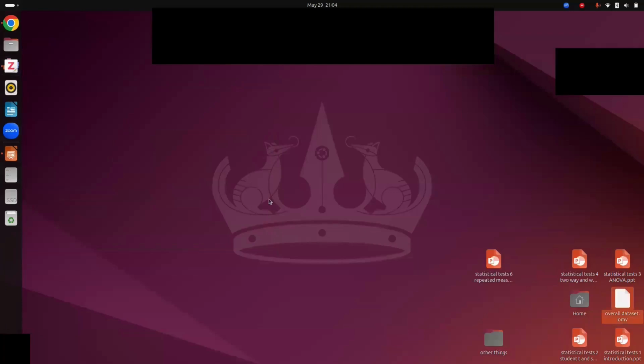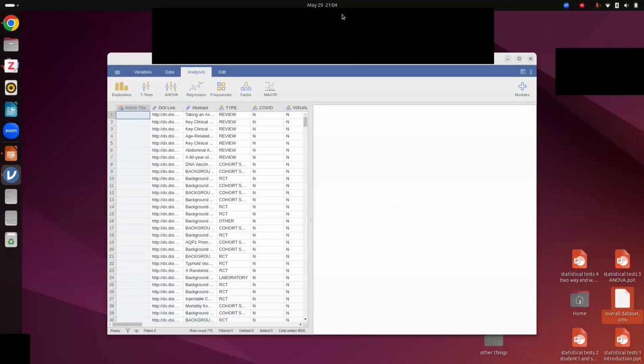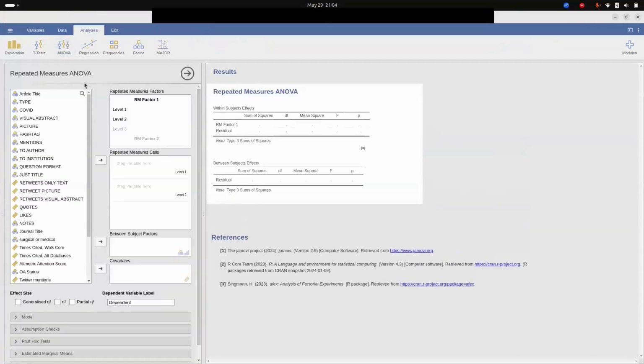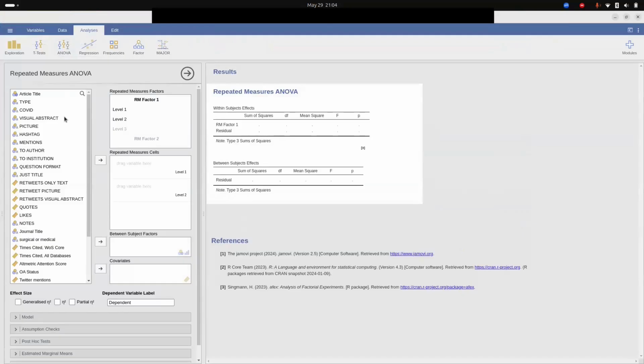Now let's go back to our lovely overall data set. So the repeated measures ANOVA is conveniently found under ANOVA, and it's actually labeled pretty well. Now, slightly more complicated than normal. You've got to actually name the levels. So for the purposes of this example, we're going to name them text.